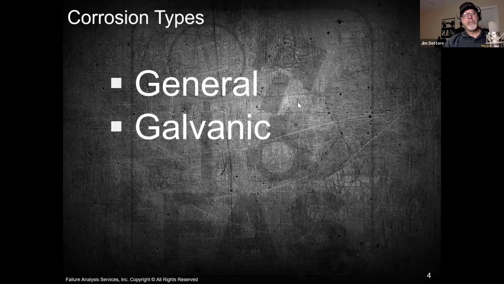This is an interesting one because it deals with what we refer to as dissimilar metals. A common one: I have an LS motor in my Jeep out in the shop, and it's an all aluminum block and aluminum heads, and I use stainless steel fasteners with it.